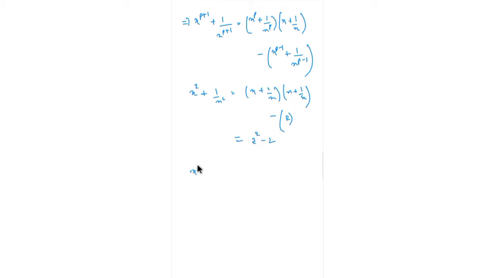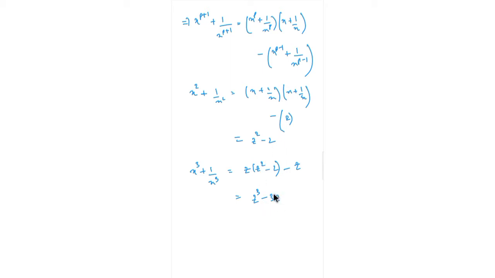So what if I take p to be 2? Then it becomes x cube plus 1 by x cube, which is nothing but z into z square minus 2 minus z. You can just solve it and see that it becomes z cube minus 3z. So here it is z square minus 2, here it's z cube minus 3z.